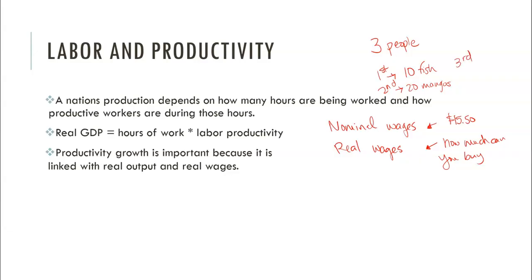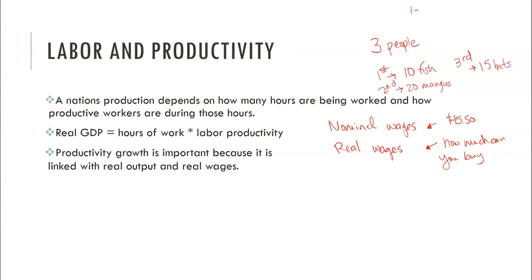And our third person is producing 15 hats per day. And let's say in this economy, they have figured out a system of currency so that they don't have to barter. And so everybody has some amount of money.